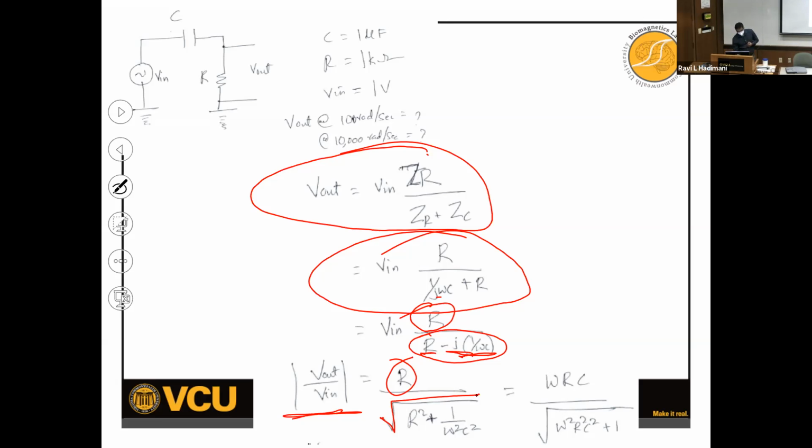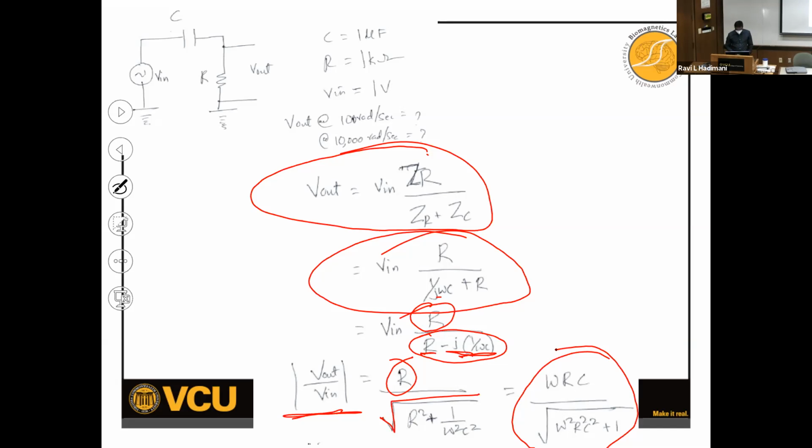The magnitude of V out by V in is this, where omega is your angular velocity in radians per second, or the frequency, and R and C are resistance and capacitance, divided by the same parameters in different formats.